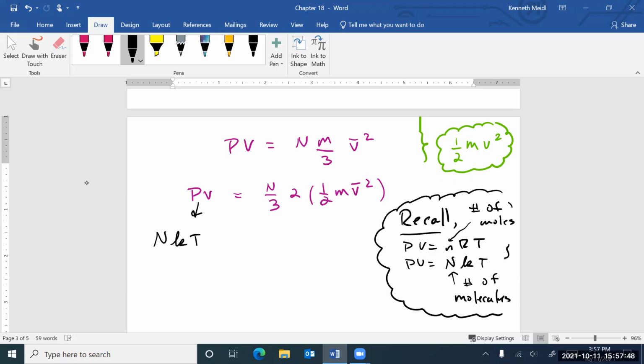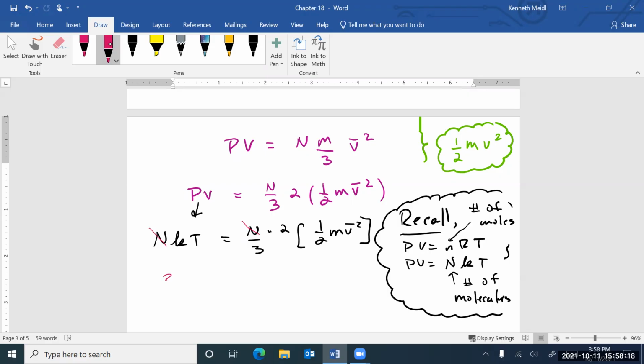And what's left over here? Well, over here, we've got an N. There's this 2, there's a 3 down here. And I want to leave this alone because that's a magical quantity of 1/2 mv squared here. And so what's left over in our algebra? Well, the number of molecules cancel out.